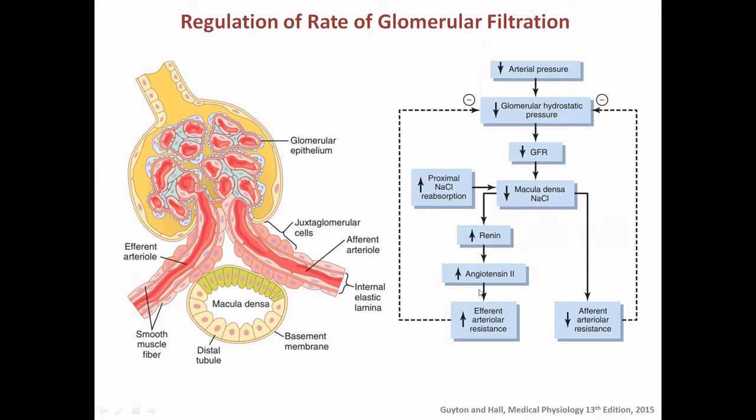So one is angiotensin, by increasing the resistance of the efferent. Another is by decreasing the resistance of the afferent. So angiotensin 2 increases the efferent resistance. Like this, they increase the net glomerular filtration pressure in the Bowman capsule.